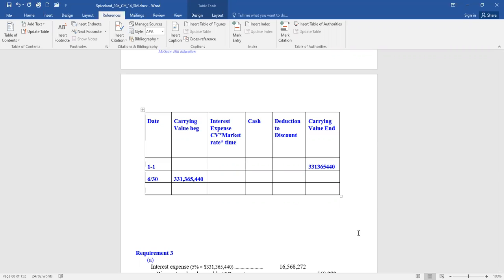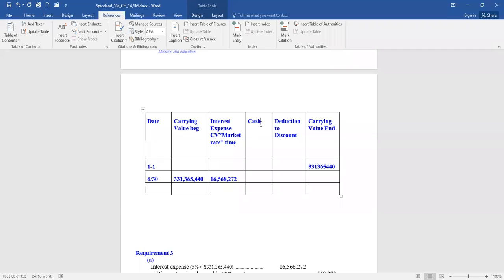There we go. 16,568,272. I hate these big numbers. So what we actually calculated there was the amount we debit interest expense for. And that's how we determine it, using the effective interest method. Carrying value of the bond, market rate the day we sold it, times the time factor.